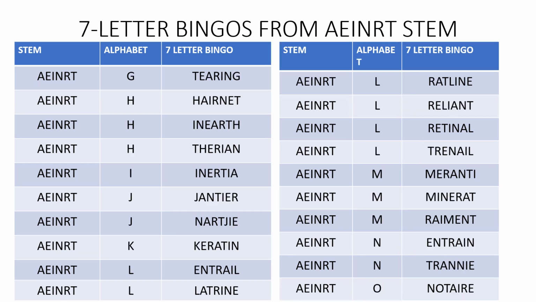On the next slide, there are the remaining with G, 3 with H: Hairnet, Inearth, Therian, 1 with I: Inertia, 2 with J: Jantier, and so on.